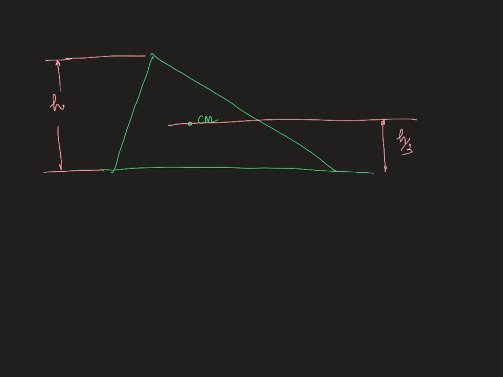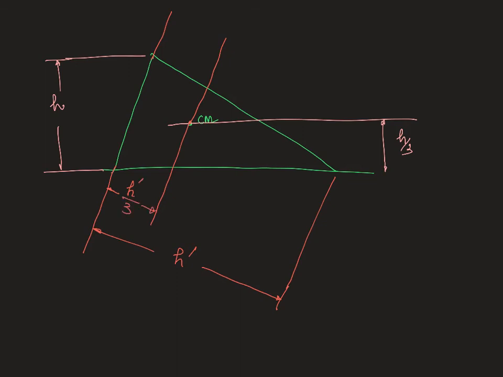Now consider another base, then the height will be h dash, the perpendicular distance of the vertex from the base. Symmetrically, the perpendicular distance of the center of mass from the base will be h dash by 3.